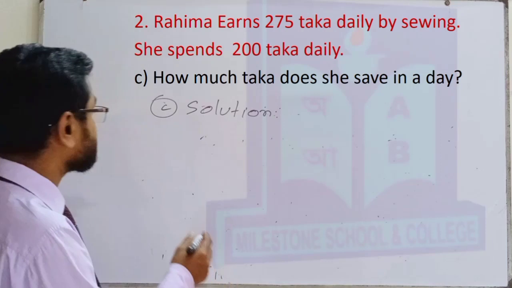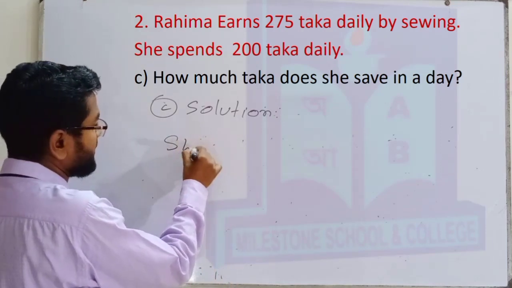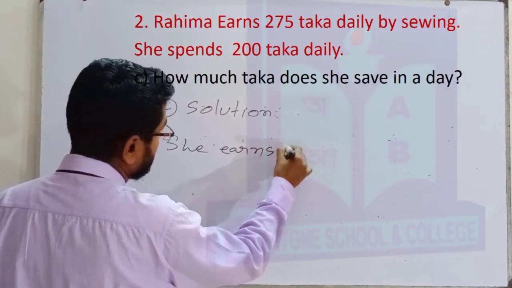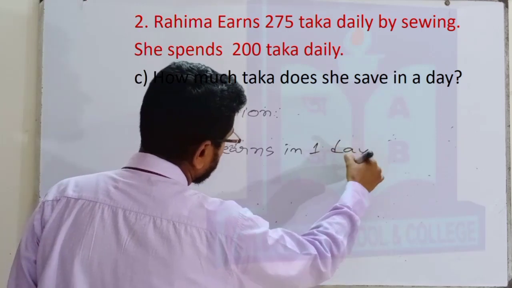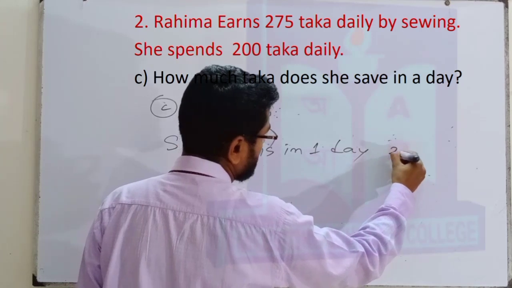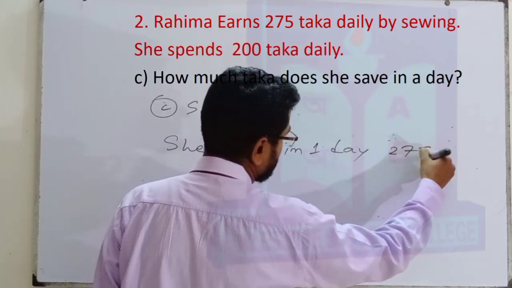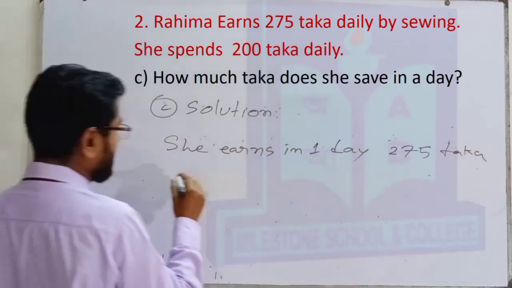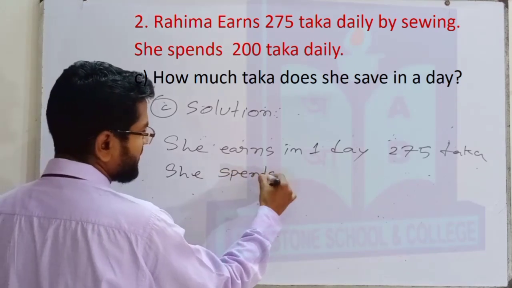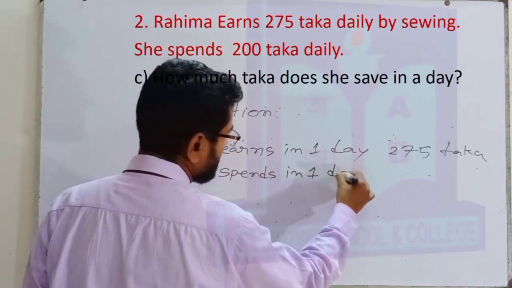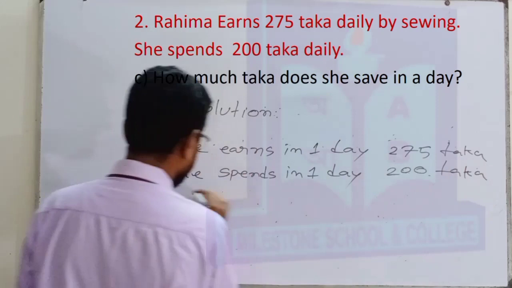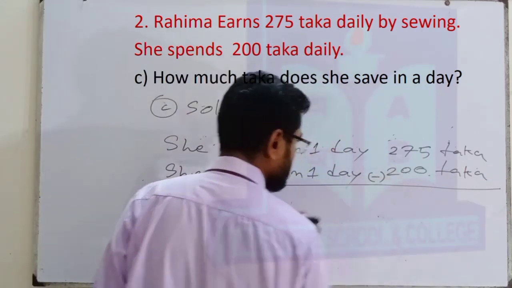Yes, we will write: she earns in one day how much taka? 275 taka. Now we will write: she spent in one day how much taka? 200 taka. What should we do? Subtract.